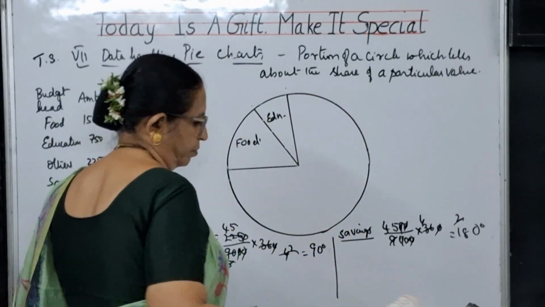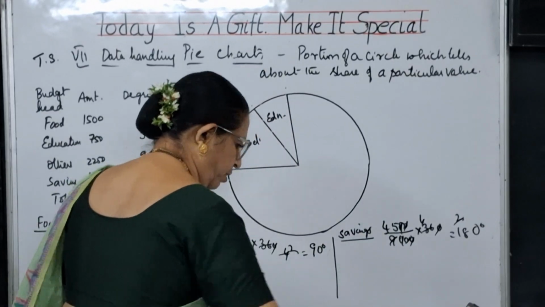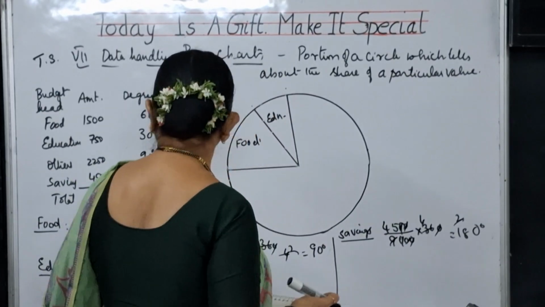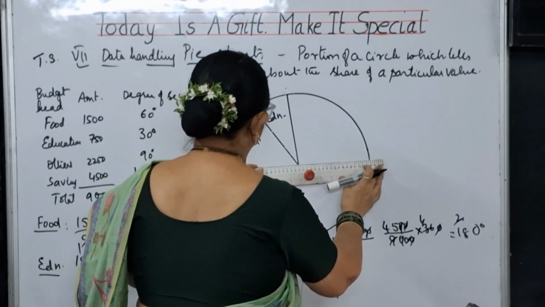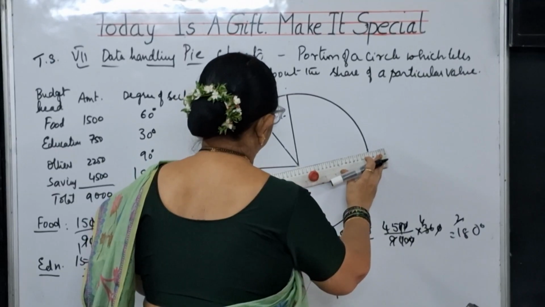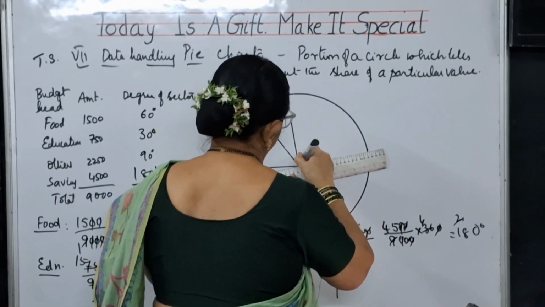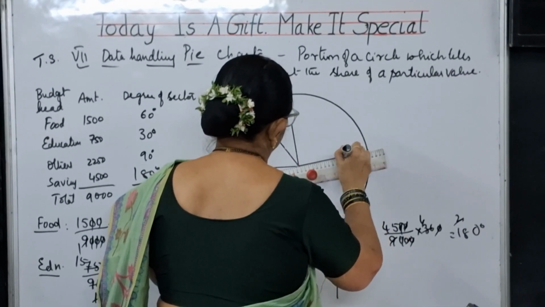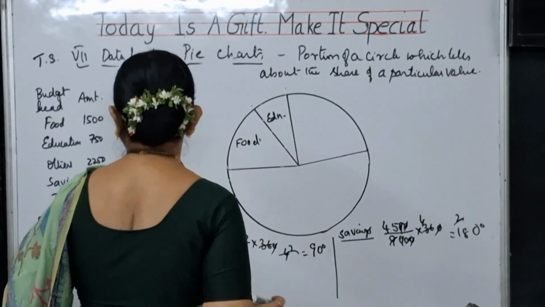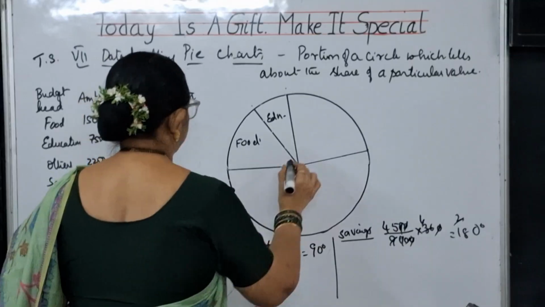So the scale, 90 degrees for this. See, this is the point now. So 90 degrees you will be getting for others.